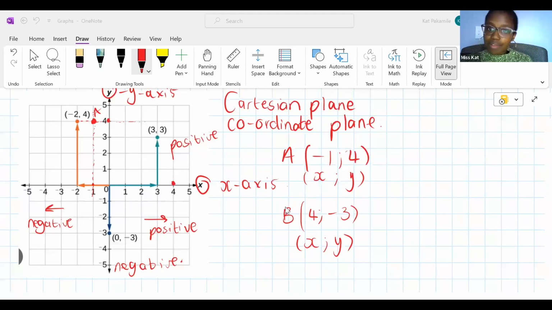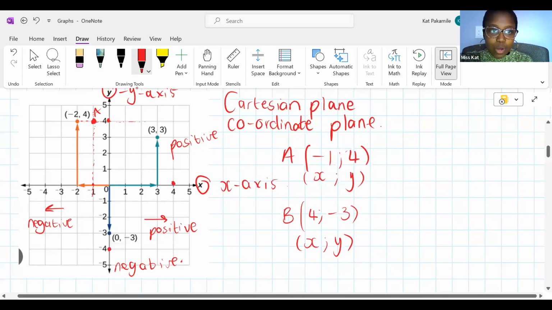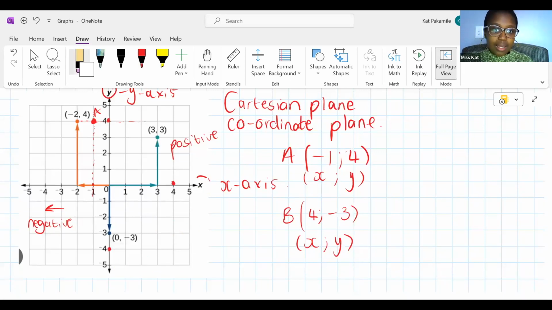Are we looking carefully, guys? I said above is positive, so negative has to be below the 0, guys. Do we know where the 0 is? The 0 is over there. There's our 0. So if you want a negative y value, you have to go below.